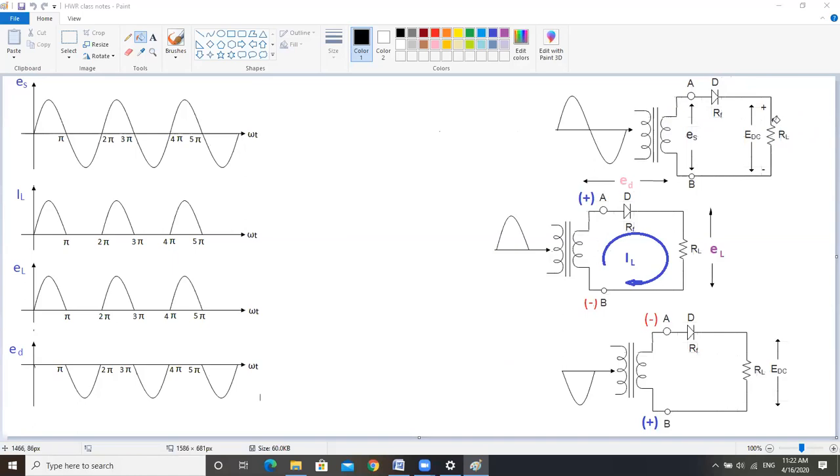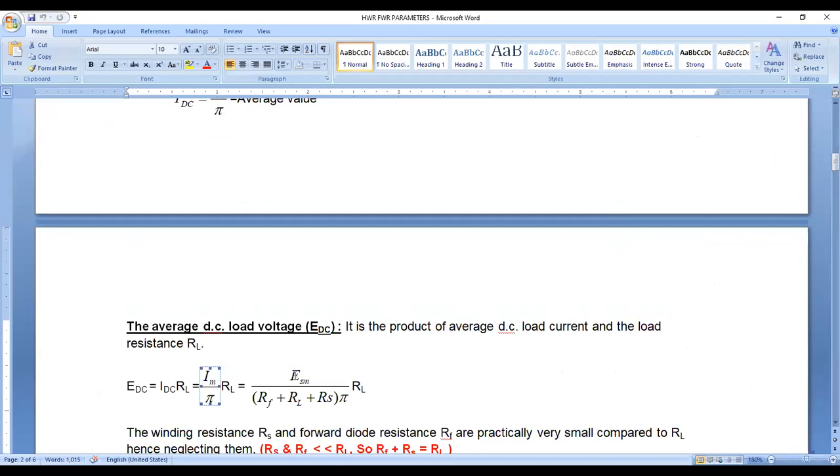Now by using RS, RF and RL, I am going to write the equation. I is equal to V by R. In the circuit, RS, RF and RL are all connected in series, so it is RF plus RL plus RS. RS is the internal resistance of your secondary winding, RL is the load resistance, RF is the forward resistance of your diode, and ESM is the maximum value of your waveform.